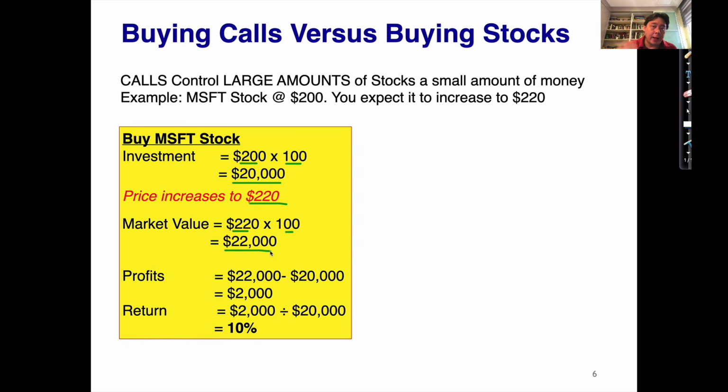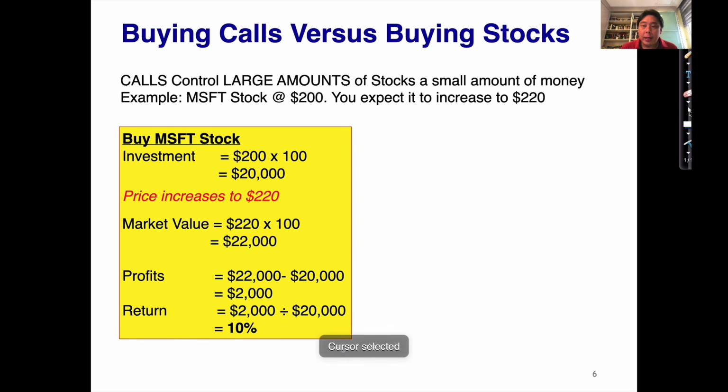So if you sell your shares and take your profit, you will make 22,000 minus 20,000. Your profit will be $2,000. So you made $2,000 profit out of $20,000 in capital. So what is your ROI, or your return on investment? It'll be 2,000 divided by 20,000. That gives you a 10% ROI. So that's buying the shares itself.